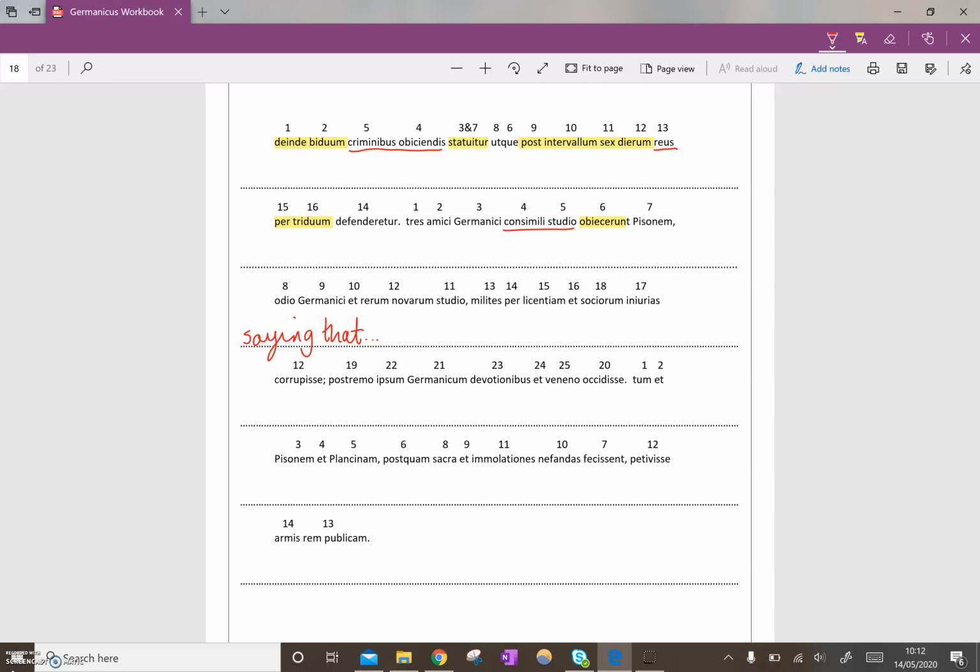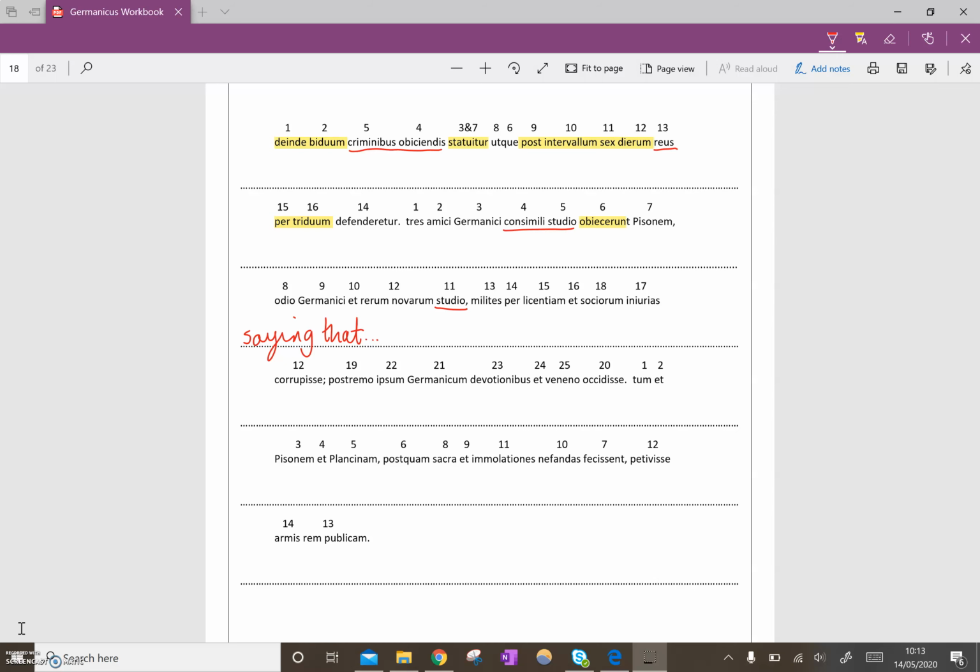So, saying that, odio Germanici, in his hatred of Germanicus, et studio, that word again, and zeal, rerum novarum, for revolution, literally for new things, rerum novarum, but here it means revolution. Okay, comma.